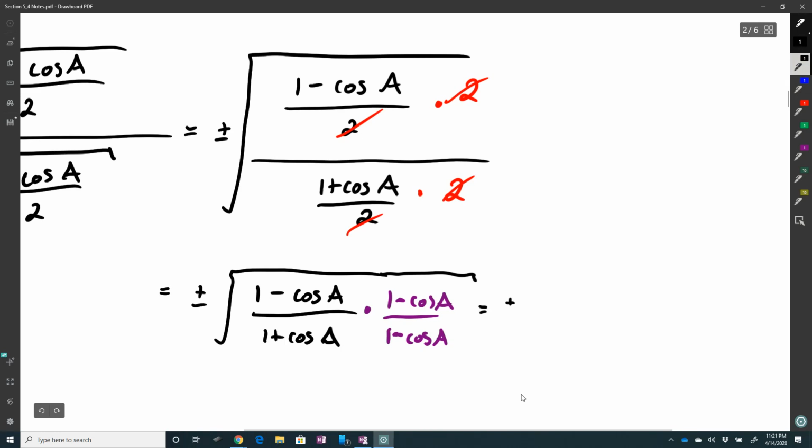And so we have plus or minus the square root of, on the top, it's the same thing twice. So it's 1 minus cosine of A squared.